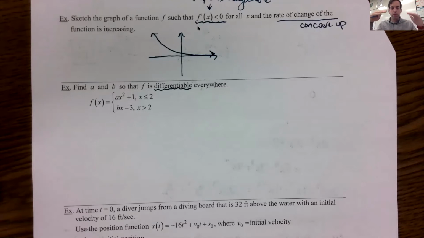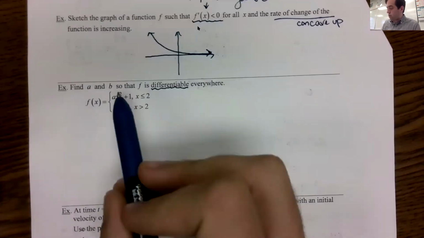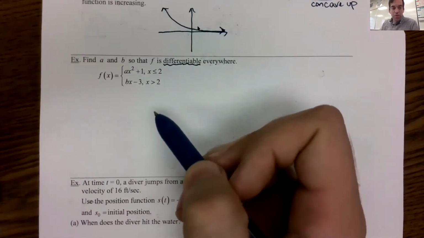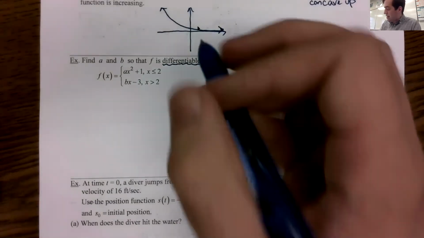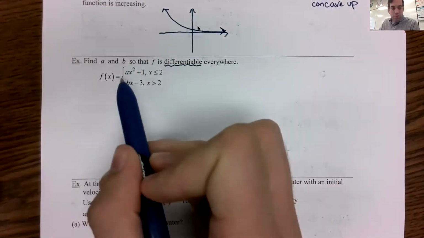So the original function has to be a continuous curve with no points or holes anywhere that would mean that the first derivative doesn't exist at a point. In other words, I'll take you step by step through it. So the first thing we're going to do is think about that this is a piecewise function.